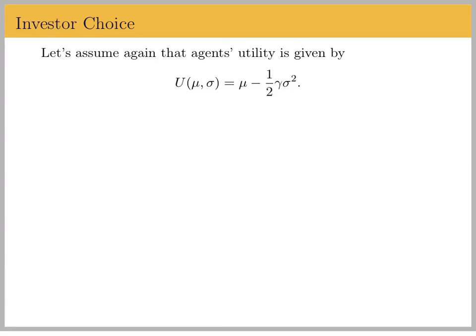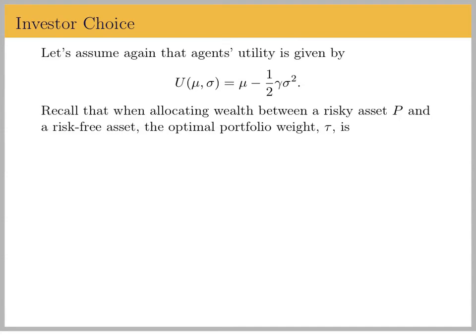So let's assume, as in the last lecture, agents have this utility function that expected return enters positively and volatility enters negatively, and that gamma is some measure of risk aversion where gamma is a positive number. Well, if you recall that when you allocate between some risky asset P and a risk-free asset F, we're going to call now the optimal portfolio weight tau.